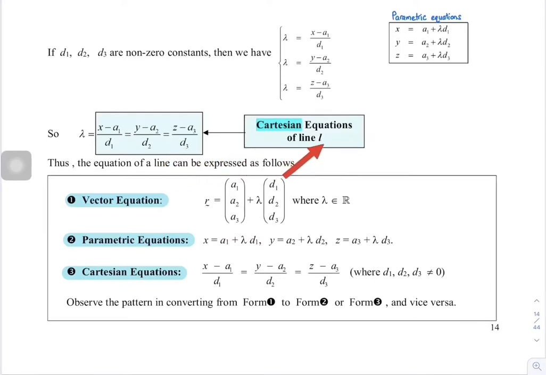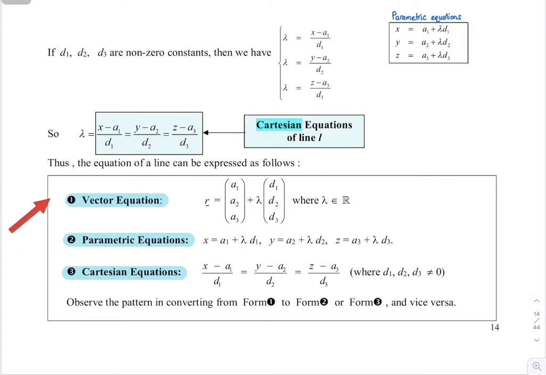Now this is called the Cartesian equation of line. If you notice in this form of the equation, the only variables that you see are x, y and z. You don't see the parameter anymore. So in this case, this is what we call the Cartesian equation of line.